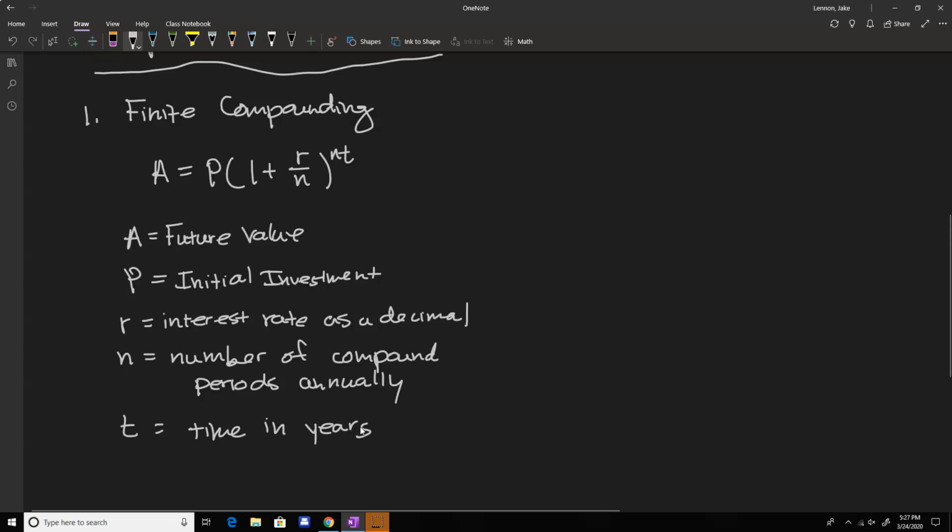So for a given nominal interest rate, the more times you compound, the better you're going to do on your investment. But there is a limit to how much you can make from compounding a loan based on some nominal interest rate. That is known as continuous compounding.